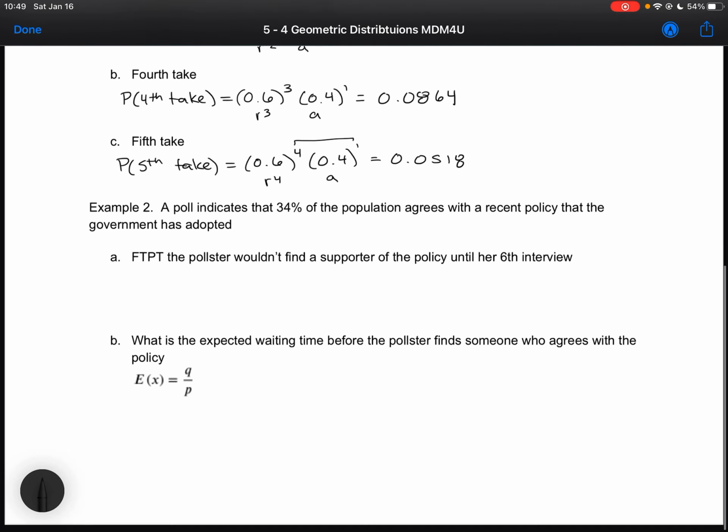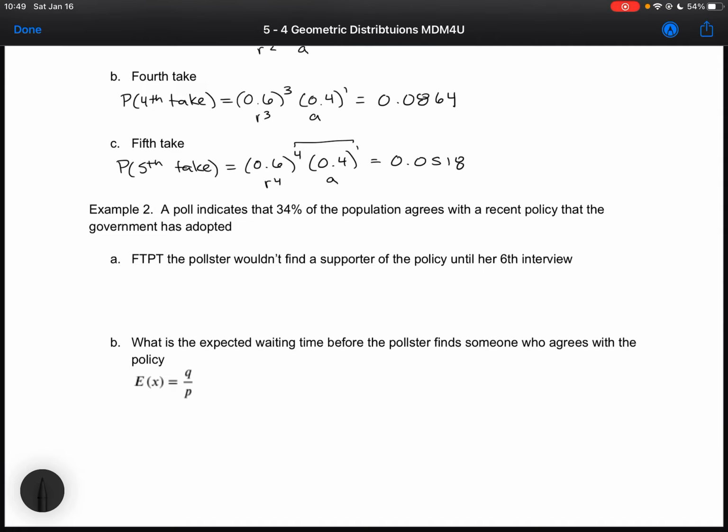A poll indicates that 34% of the population agrees with a recent policy that the government has adopted. Find the probability that the pollster wouldn't find a supporter of the policy until her 6th interview. So that means 5 failures, 1 success. So I would find my probability for the 6th interview would be my probability of failure, which is 66%.